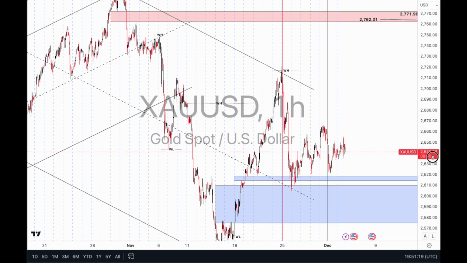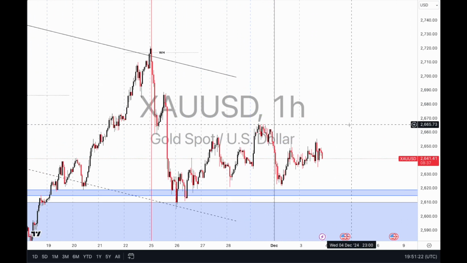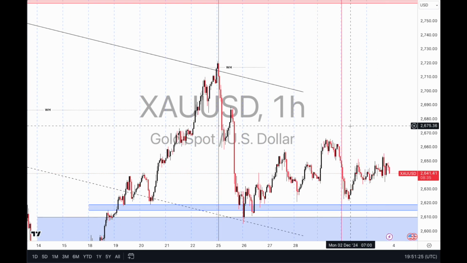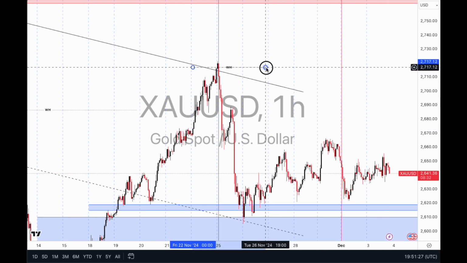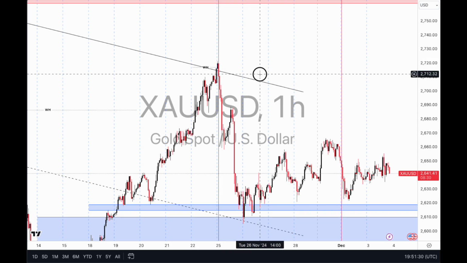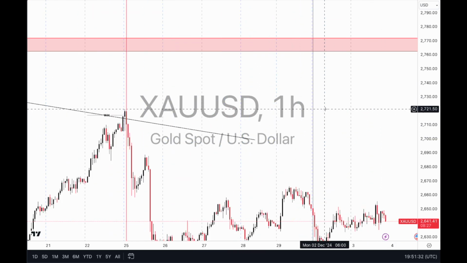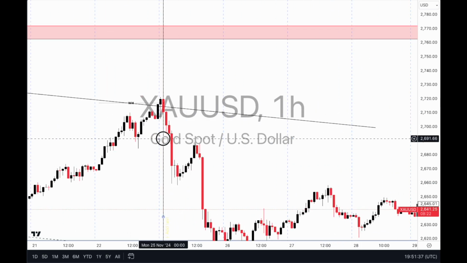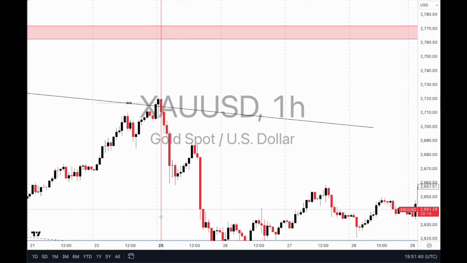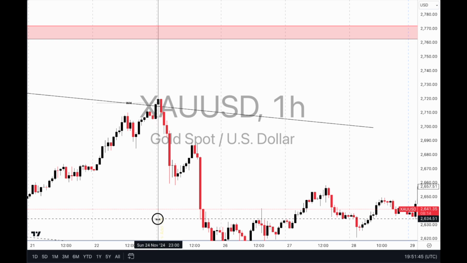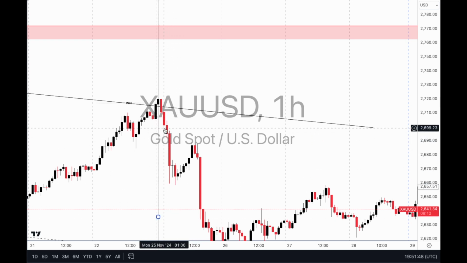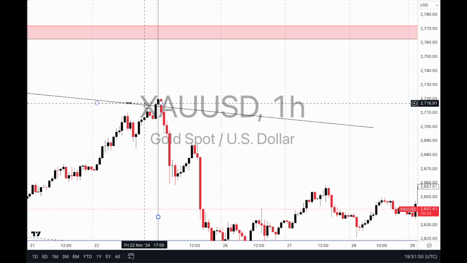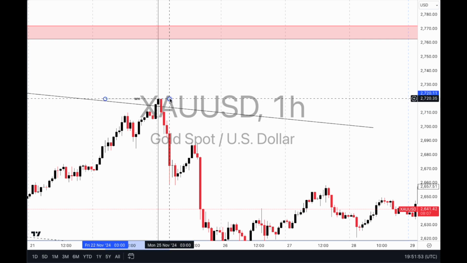Okay. So now what I'm going to do is locate the weekly high of last week and the weekly low of last week. So as it stands, it looks like the weekly high of last week, if I can just get this dead on, is roughly the same level as the high of the previous week.